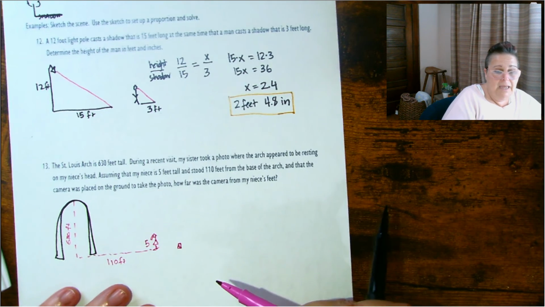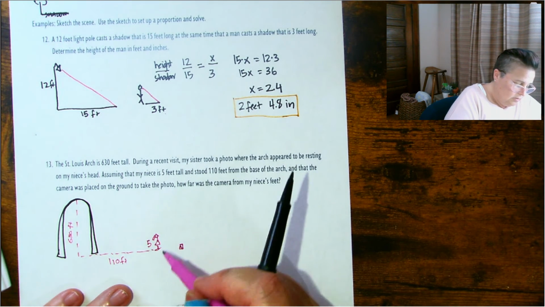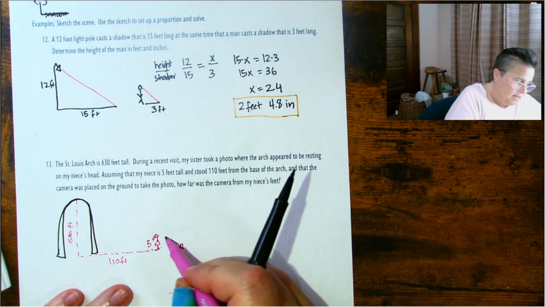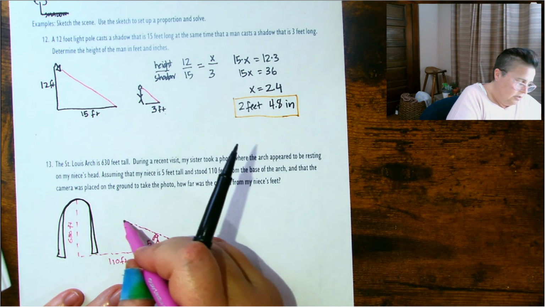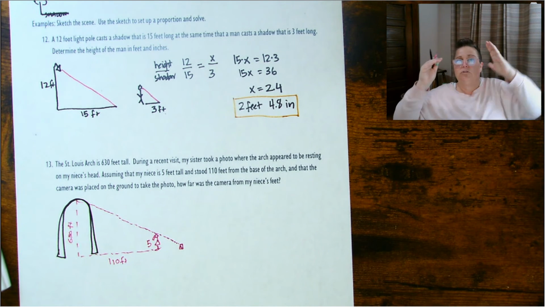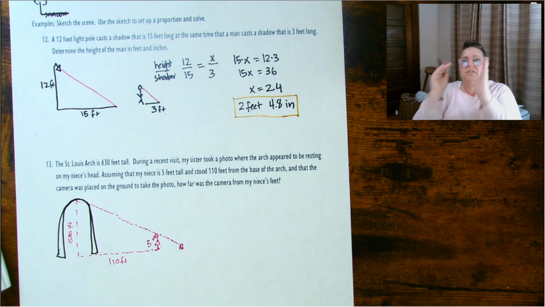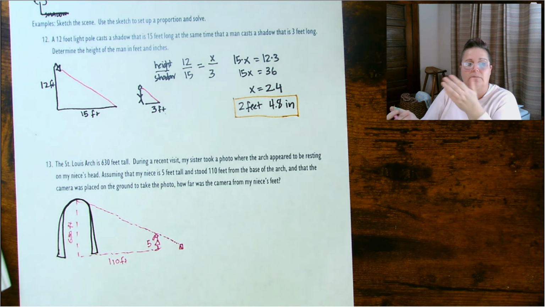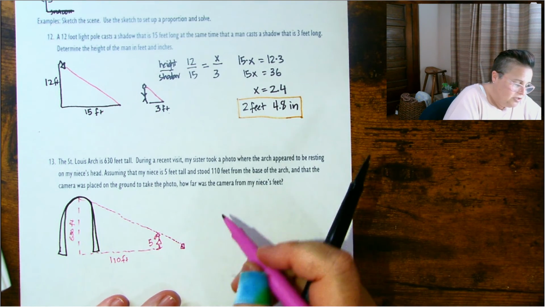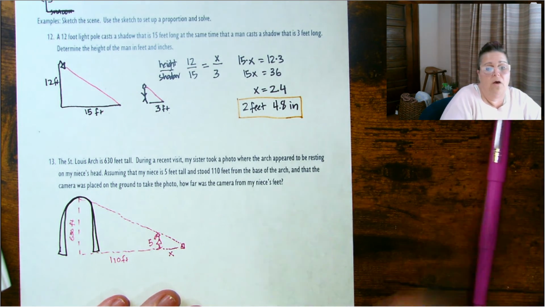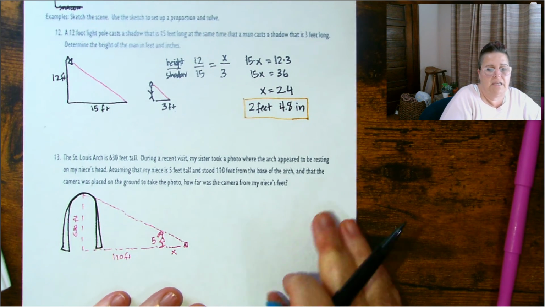Now, in the camera shot, it looks like the top of the arch is resting on my niece's head. So it's a perspective photo. She's standing way in front of the arch. Question is, how far is my niece from the camera's feet? Or how far from my niece's feet is the camera?